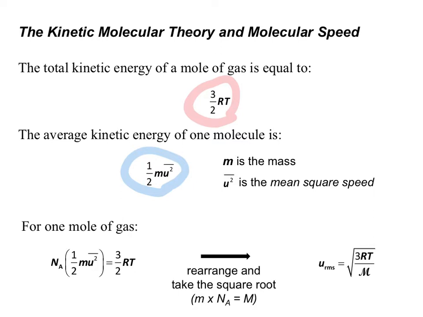So therefore, for 1 mole of a gas, it is Avogadro's number times the kinetic energy of one molecule, which equals 3/2 ideal gas constant times temperature. If we rearrange this, we get this equation in the bottom right of the root mean square speed, which is the square root of 3 times ideal gas constant times temperature divided by the molar mass of the gas.